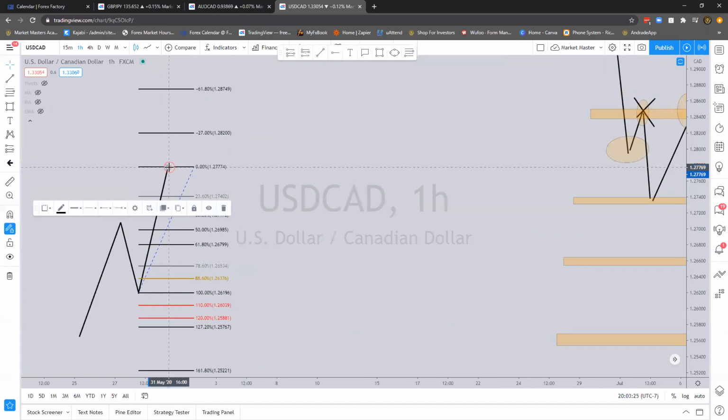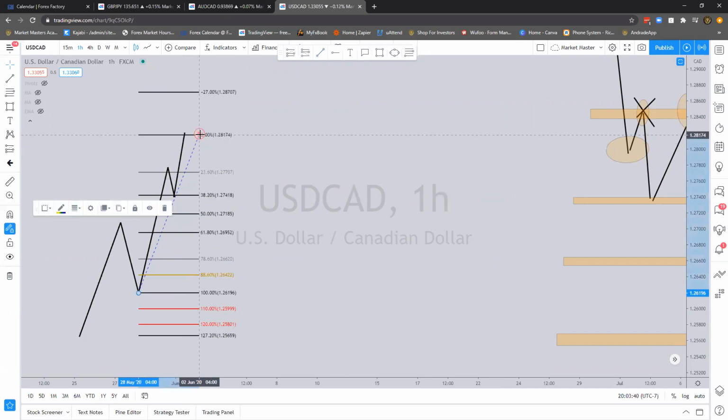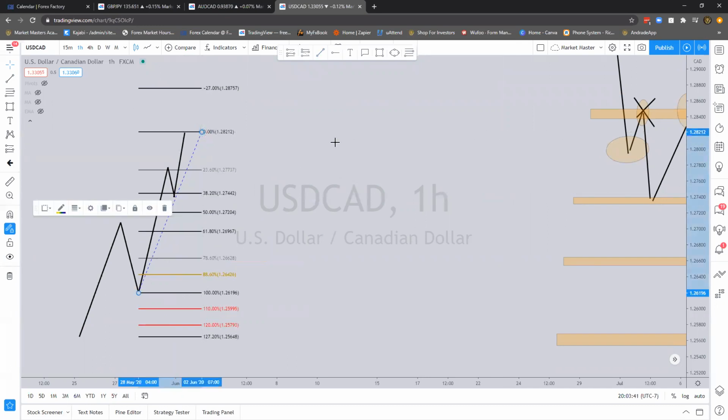And the reason for that is because as we see the price coming down, if it hits 23.6, it's not considered a higher low. Let's say if it goes higher than that, then we adjust the 0% to this other high until it passes 23.6 going all the way to 38.2.